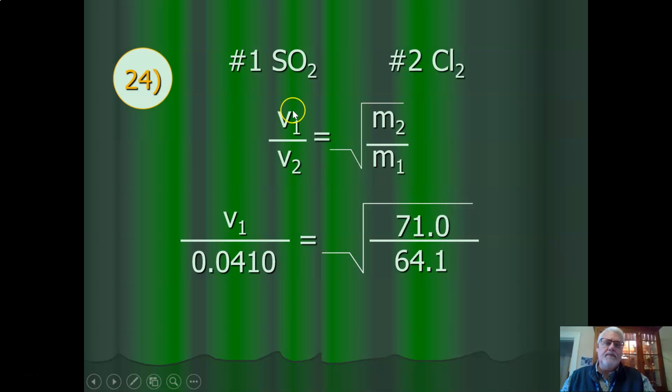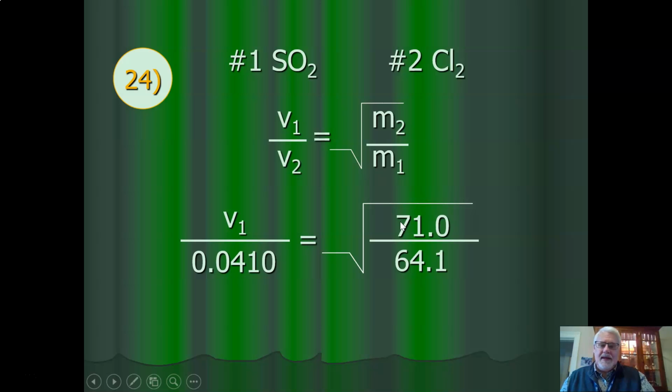You double that up, you got 70.9. And for sulfur dioxide, 16 times 2 is 32, plus I believe this is 32.1, and just using your periodic tables, go one place to the right. Divide those, take the square root, and then multiply it by the 0.0410.